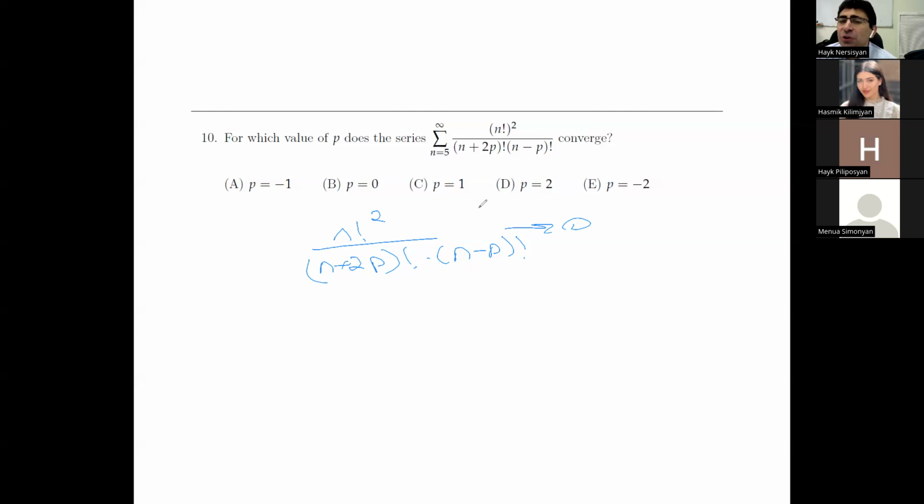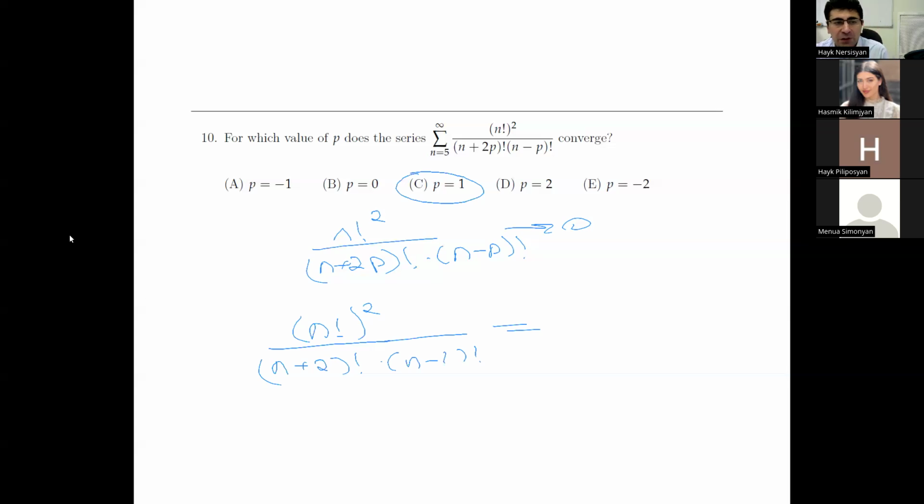To illustrate how it works, let me begin with this case. Just choose p and see what the limit is. n factorial squared divided by (n+2) factorial times (n-1) factorial.